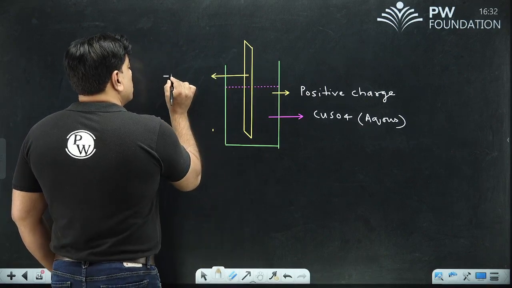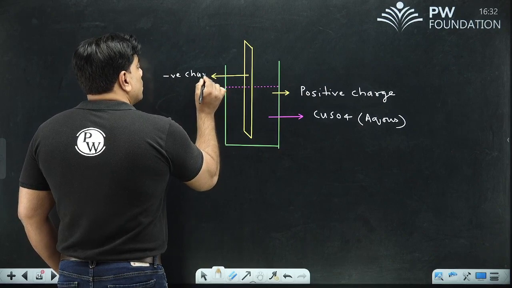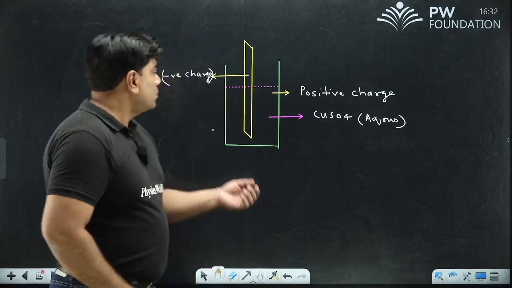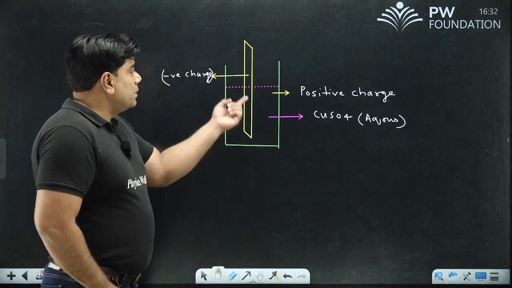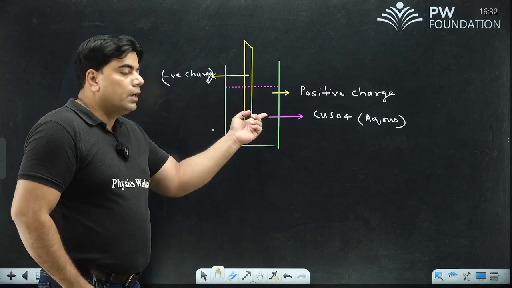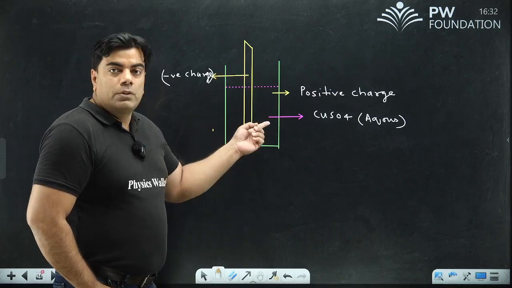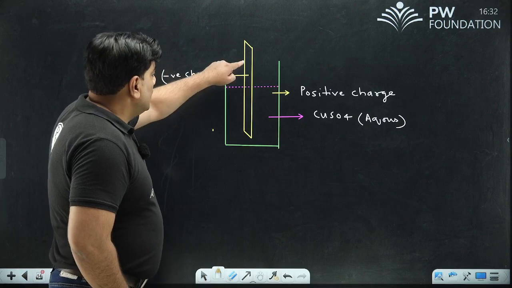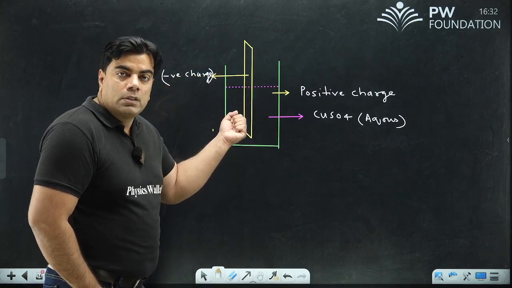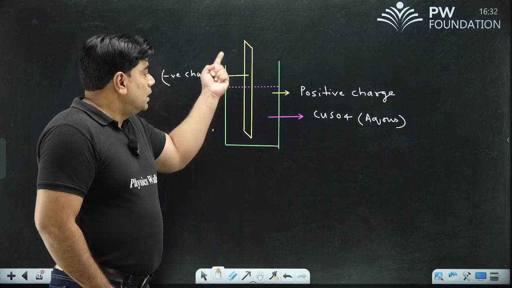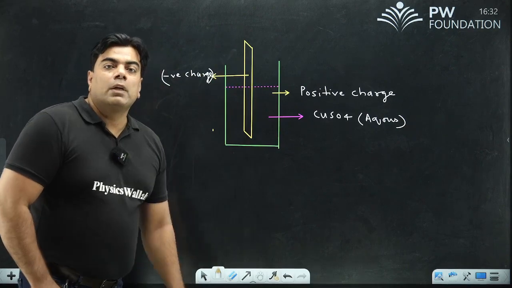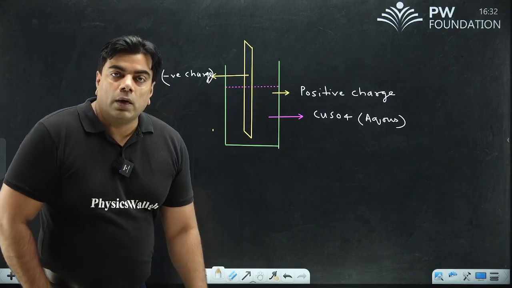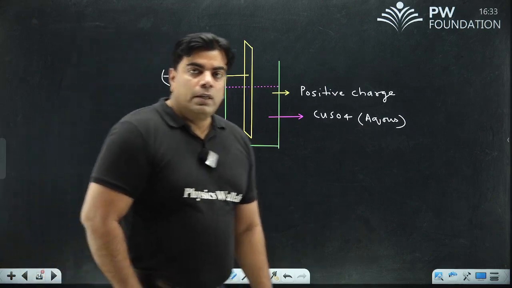Now see, there is a charge difference. Here is negative charge and the aqueous solution of CuSO4 contains positive charge. This charge difference is what we call the potential difference. The difference between these two charges or potentials is called the electrode potential.